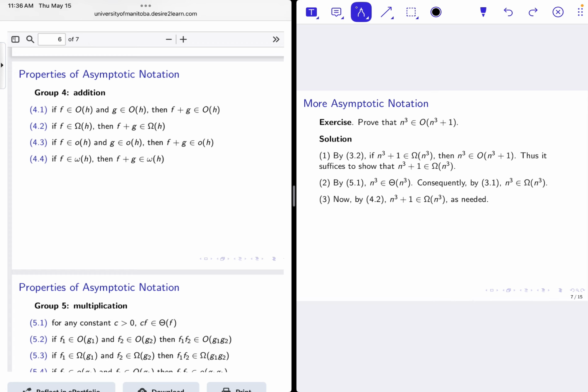All right, n cubed is in big O of n cubed plus 1. Very similar structure, but we're going to go about it in a different way. Actually, I shouldn't say very similar statement.